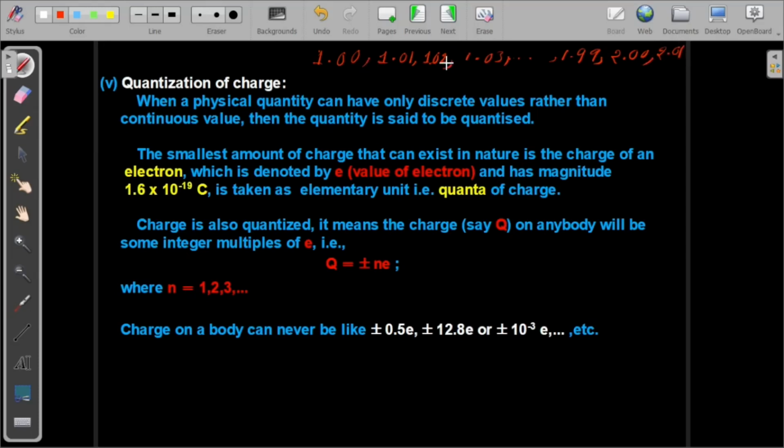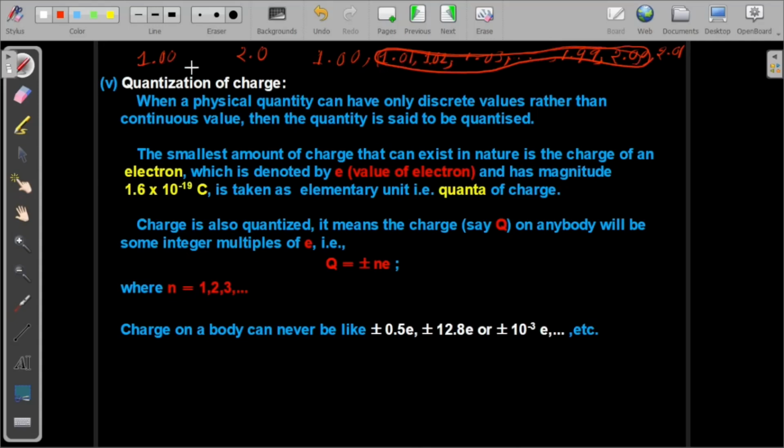Now what's meant by quantization? Quantization means separation. Suppose we are going to separate these two numbers, 1 and 2. This is the separation. The numbers 1 and 2 are separated by these numbers, right?